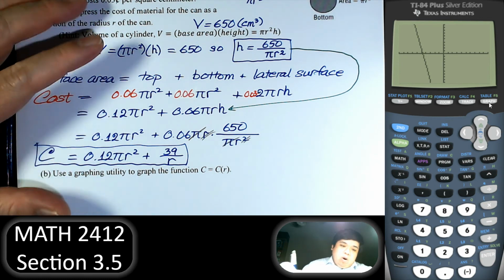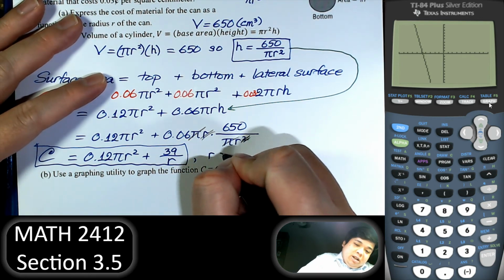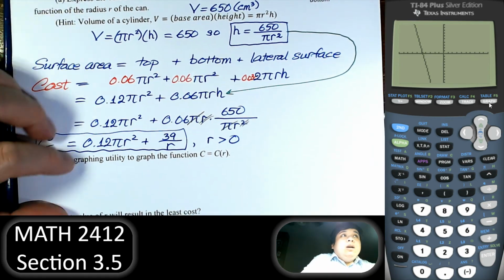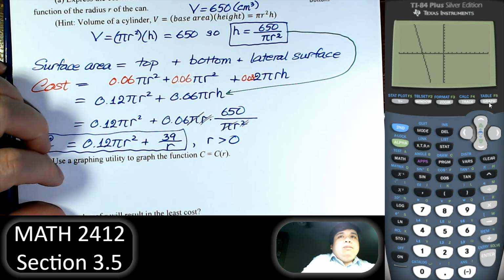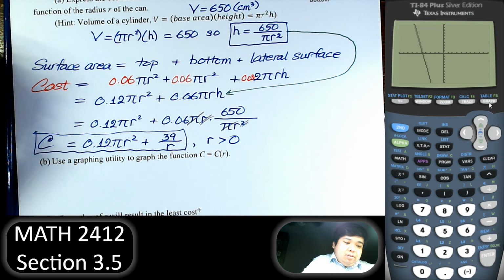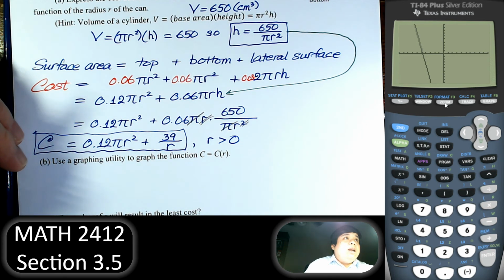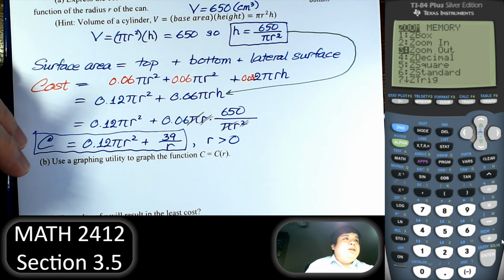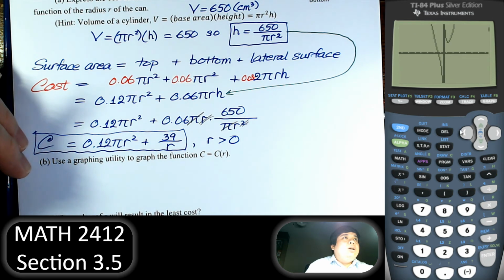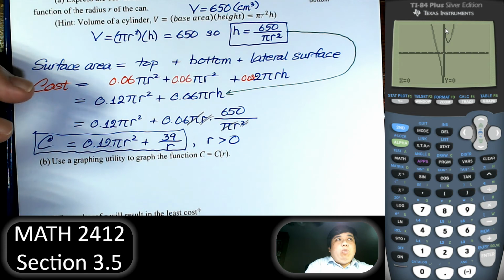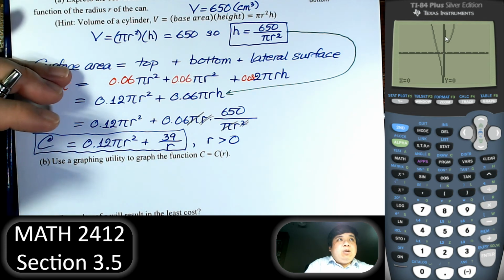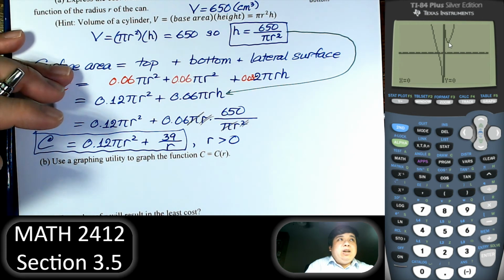Of course, this only works if r is positive, so the domain is r greater than 0. Let's zoom out and see what happened. Right, so we have this. It only works for r positive, and it looks like there's a minimum here, so we're going to zoom in on this part.